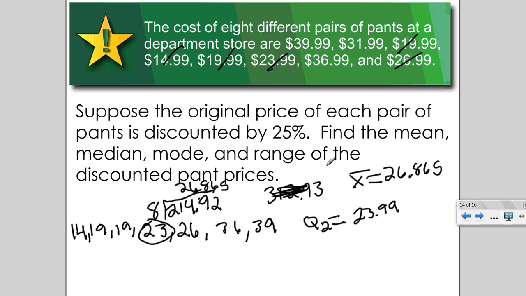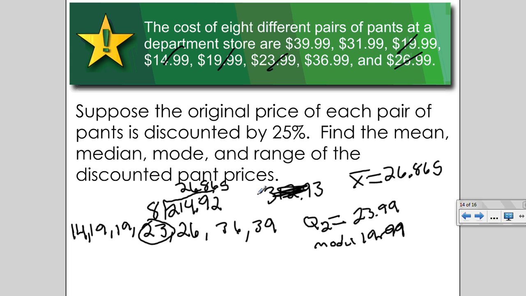All right. Our mode would be 19.99. We got 2 of those. So our mode, 19.99. All right.